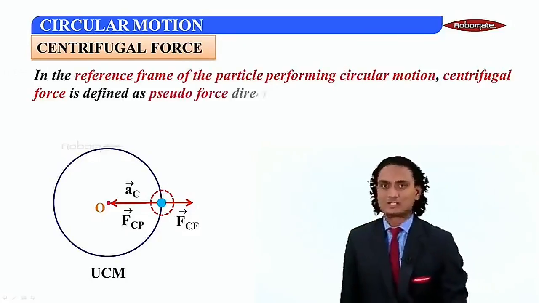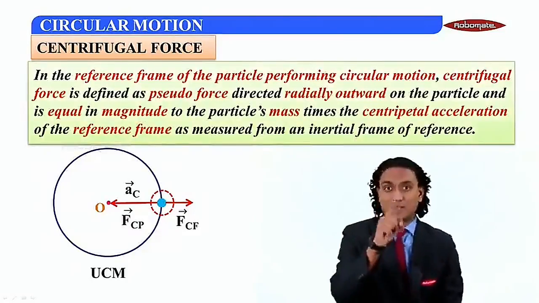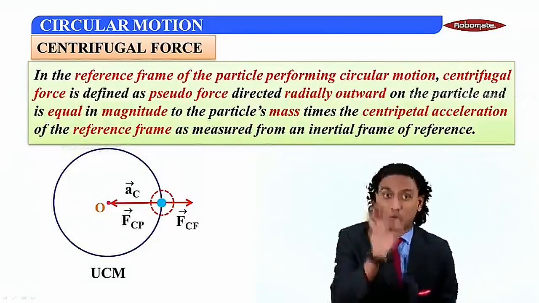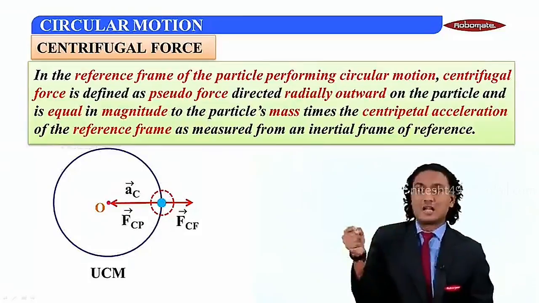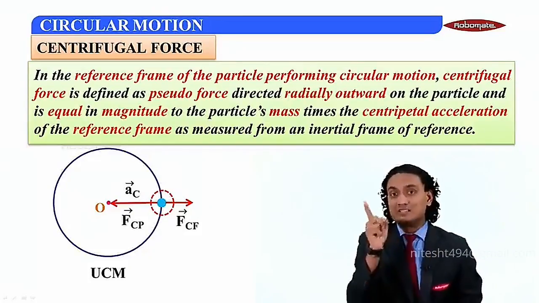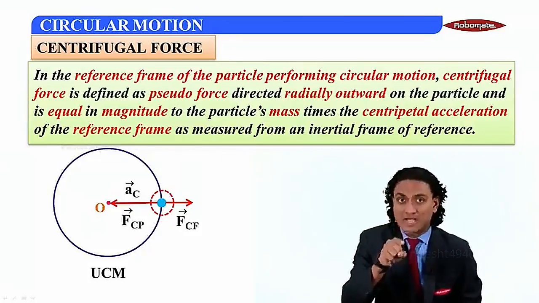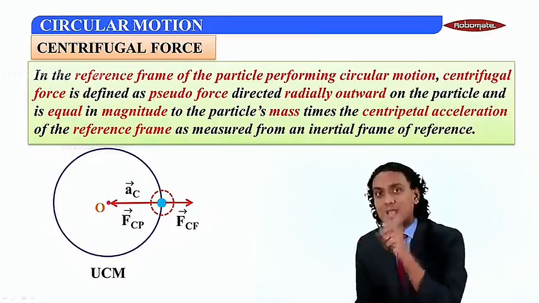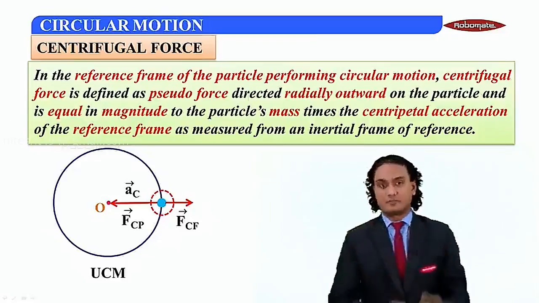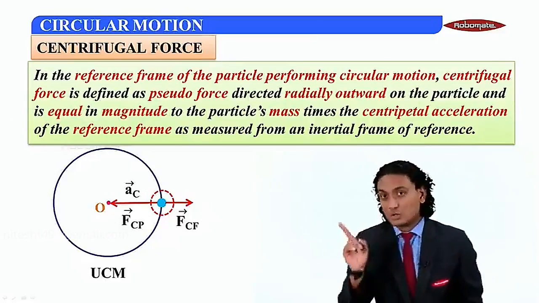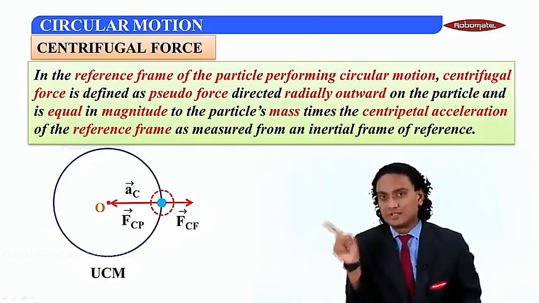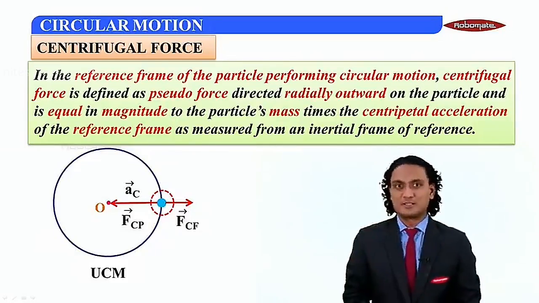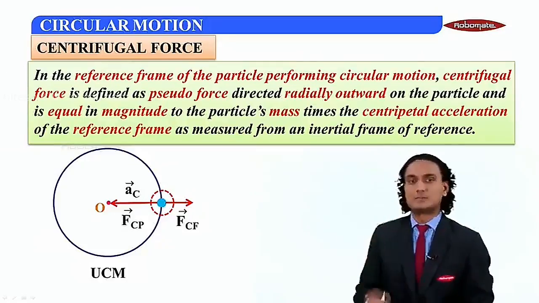So the definition is, in the reference frame of the particle performing circular motion, centrifugal force is defined as a pseudo force directed outward on the particle and is equal in magnitude to the particle's mass times the centripetal acceleration of the reference frame as measured from the inertial frame of reference. Is that clear? So centrifugal force arises if you take the particle as the frame of reference. So then it will become an accelerated frame, so you will experience a pseudo force.